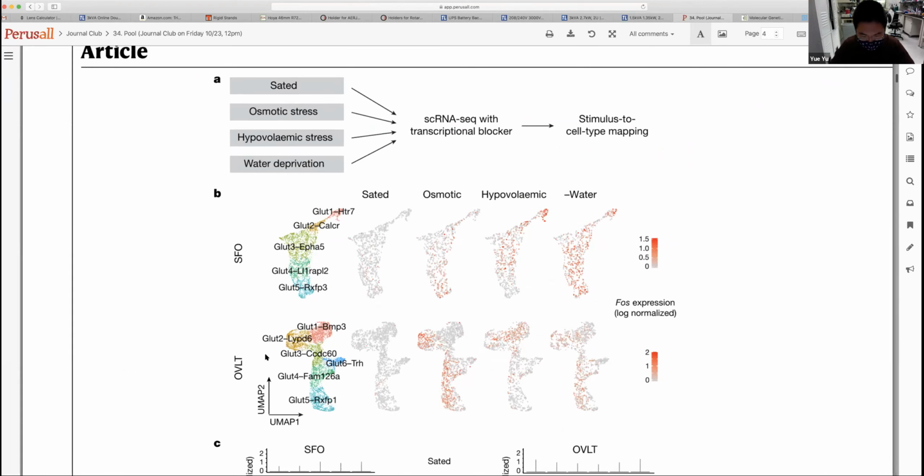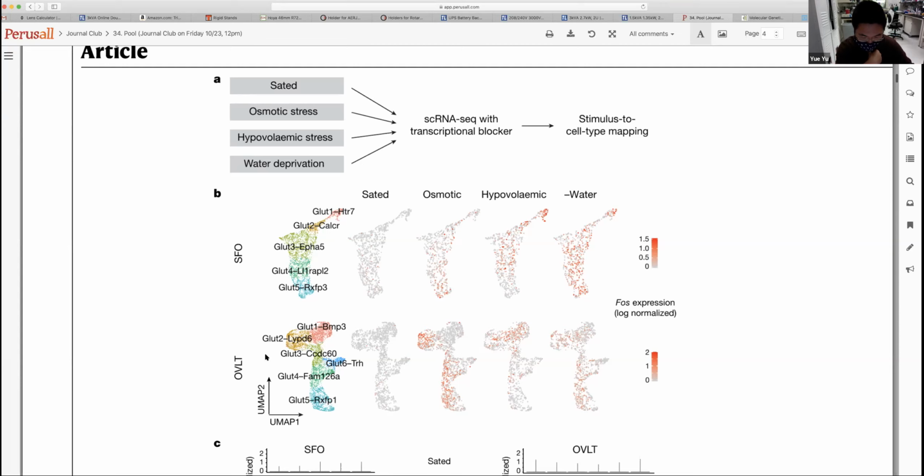So here they want to see the response of the different conditions in the excitatory neurons that they identified previously.